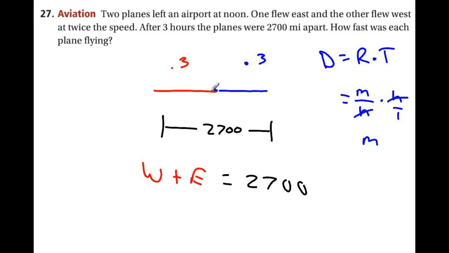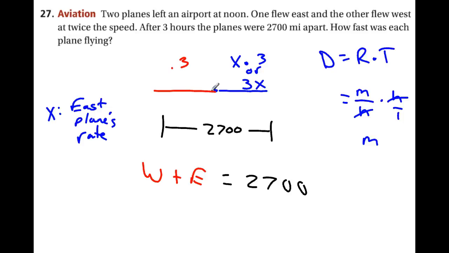So I would probably say that x stands for the east plane's rate. I could have let it be the west plane's rate, that would have been fine, but I just know that it's going to work out better here. So I'm going to say that x times 3, or commonly known as 3x, is the distance that my east plane flies.